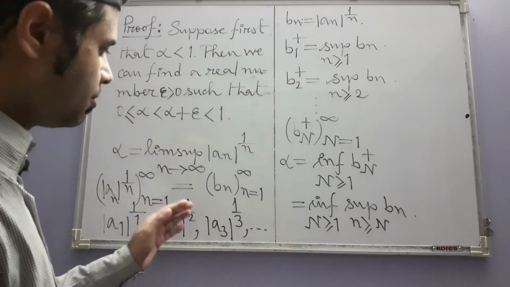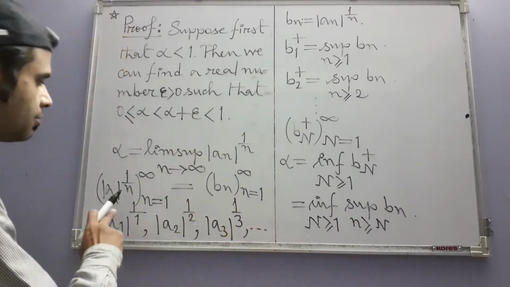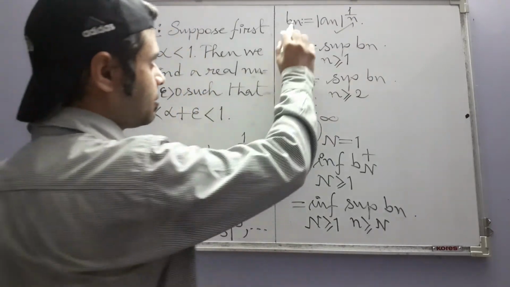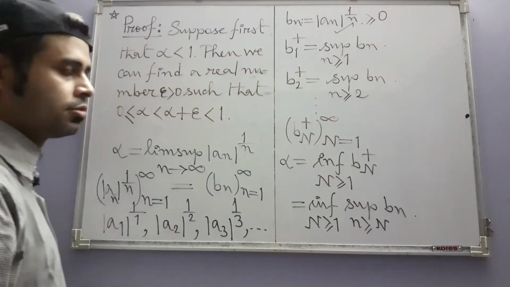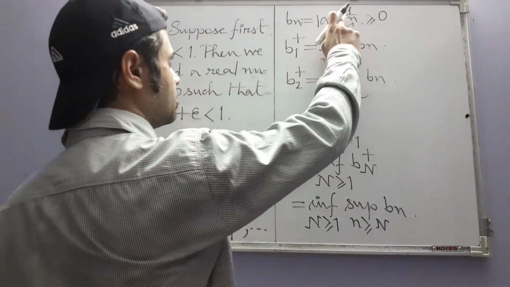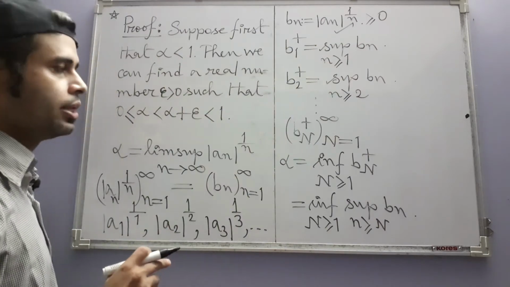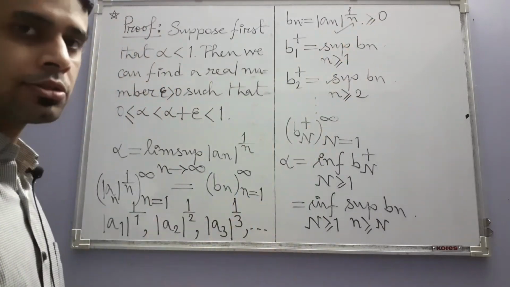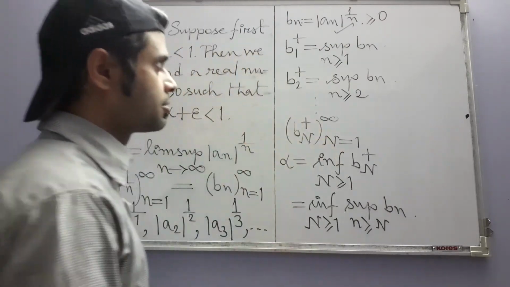Now if you look at the special, because our Bn is not just any sequence but rather this particular sequence, you can see that all the Bn's are non-negative, simply because the real number of which we are calculating the nth root is a non-negative real number, and the nth root by definition is also non-negative. So this is a non-negative sequence.